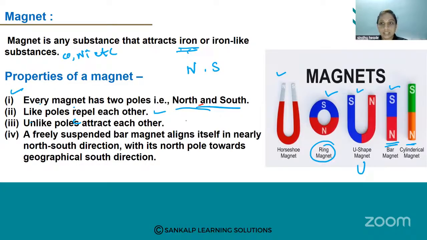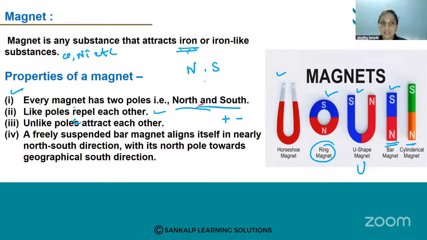We already learned this concept in electricity, right? When there are positive and negative charges, like charges repel and unlike charges attract each other. Like that, here also we consider two poles, north and south pole. When like poles come close to each other, what does it feel?